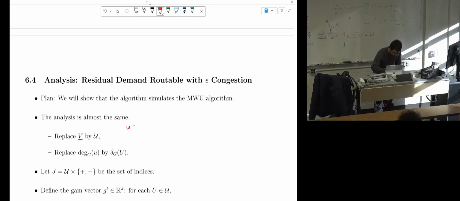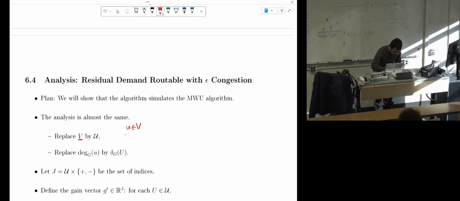Previously we did it for every node in U. Now we do it for every set U in the family capital U. You do this, and we replace the degree of U by the cut size of capital U. Okay. And then everything works. So let's go through it very quickly before we finish.